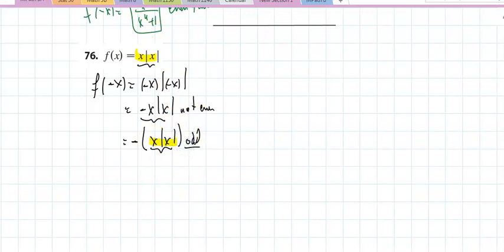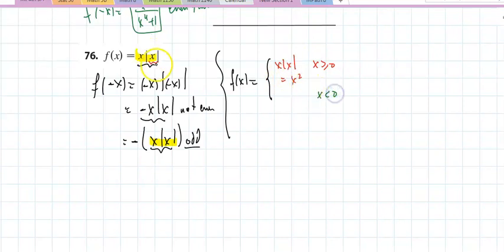If I wanted to graph it, I will have to say f of x equals, if the inside of this is positive or 0, I don't need the absolute value. Which means what? This is x squared. And if the inside is negative, then this x will remain, but this will be replaced by a negative x. That will be negative x squared.